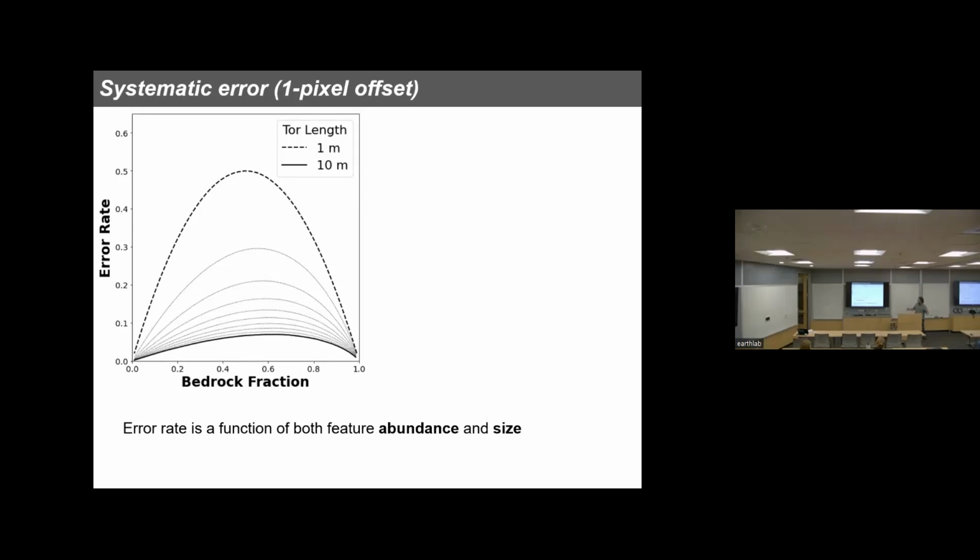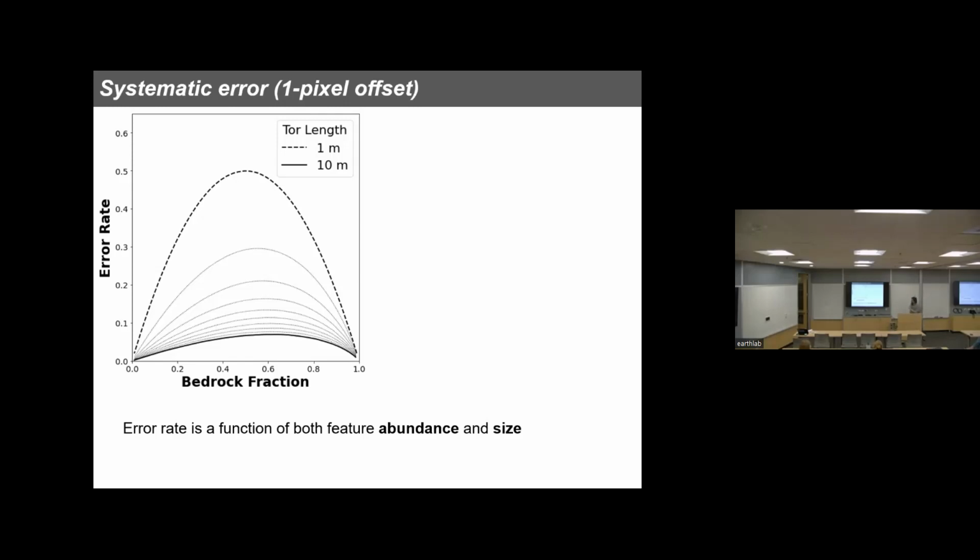So for instance, if I had all soil and very little rock, and I put a 50% error rate on the rock, well, there's only a few pixels, so the overall error is not going to be very high because, in fact, I have a lot of true negatives, right? And on the other end, I have a lot of true positives. So we have this behavior where, in fact, you get a relationship between the error rate that is asymmetrical as a function of bedrock fraction.